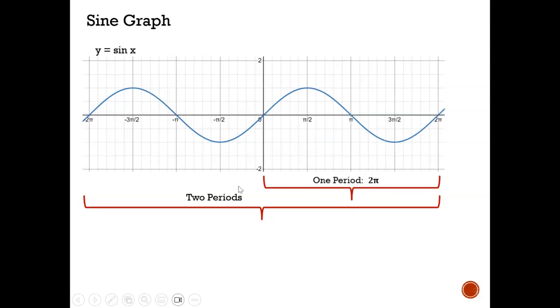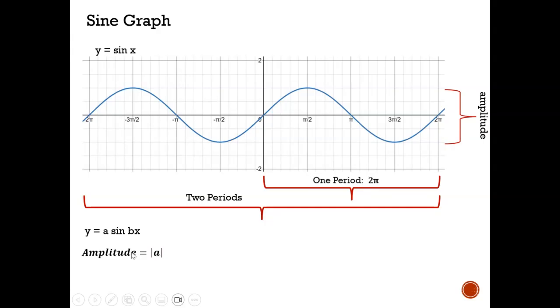Okay, now what do we need to know to graph? We need to know the amplitude, which is how far the graph goes up and how far it goes down. Now this is the general form of the sine function: y equals a sine of bx.